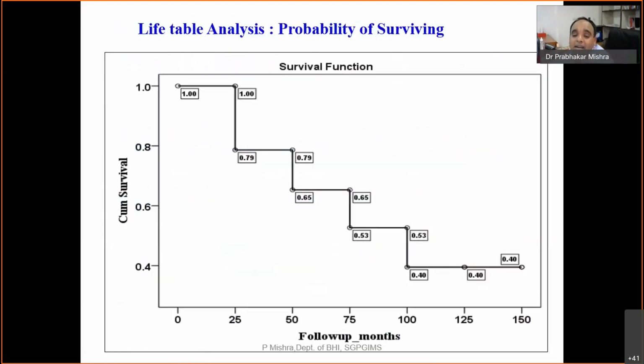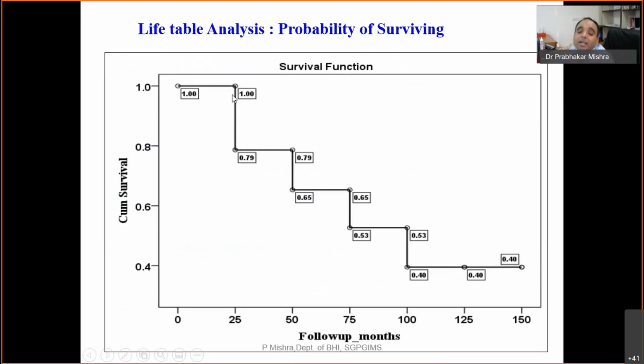And ultimately, these are the different intervals. In this example I have taken a 25-month interval. Initially, when patients entered the study, survival probability is definitely 100%.